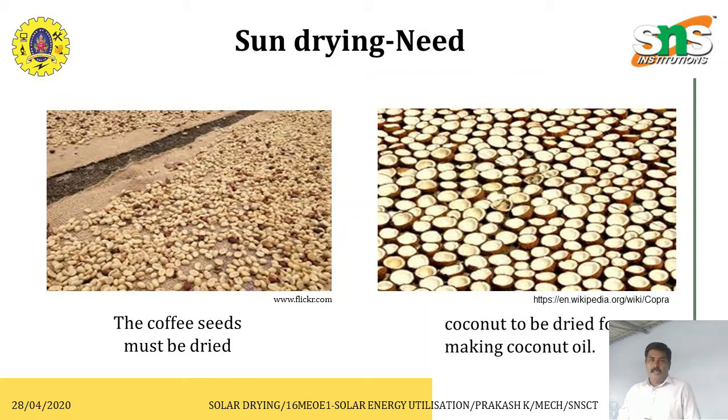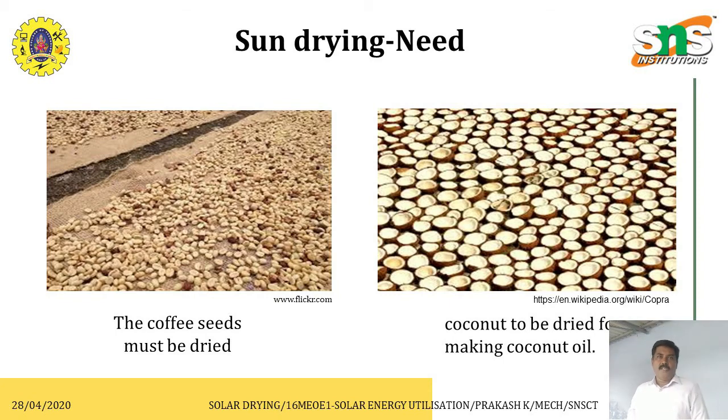Now let us see what products need to be dried in day-to-day life. In this picture, you can see coffee seeds and peppers to be dried, and cereals, wheat, to be dried in the open area. So these are all the products which have to be dried.